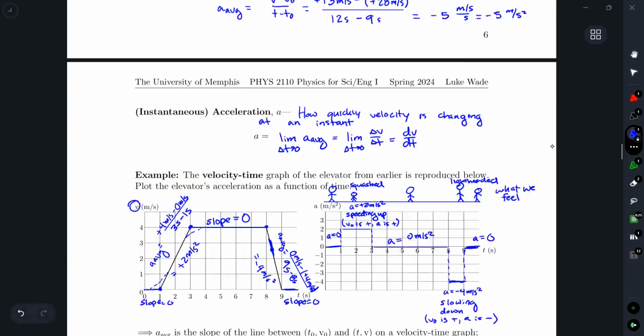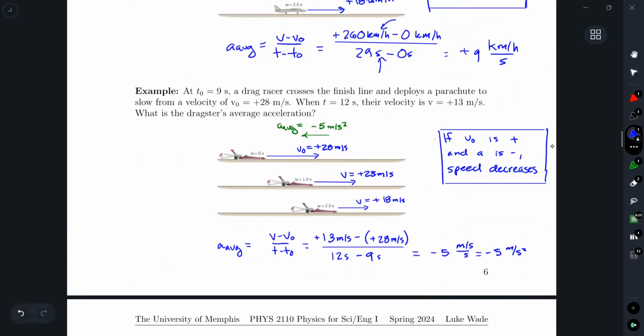I like to think of this drag racer example in either case to think about speeding up, slowing down. So the acceleration is the direction the parachute's pulling, the drag chute, right? As long as the acceleration's opposite the direction you're going, that's what's going to make you slow down.